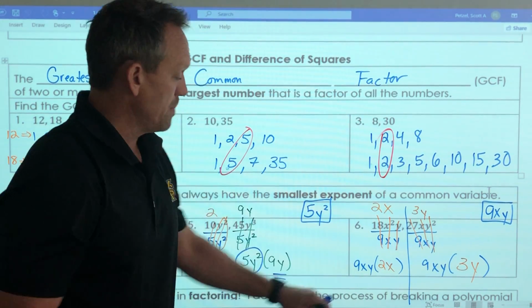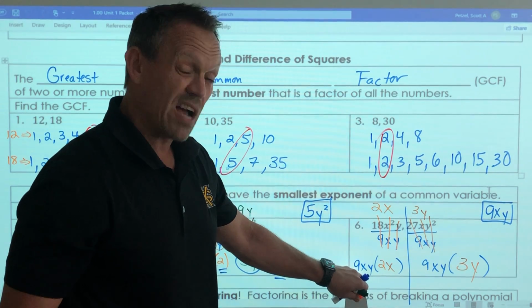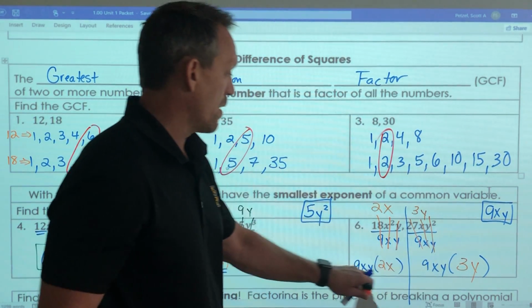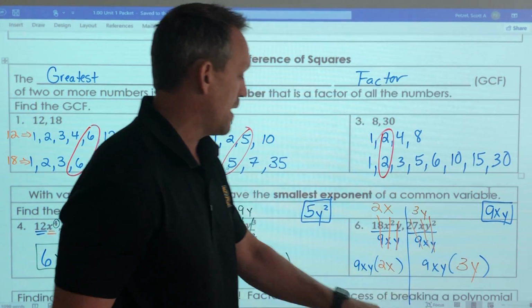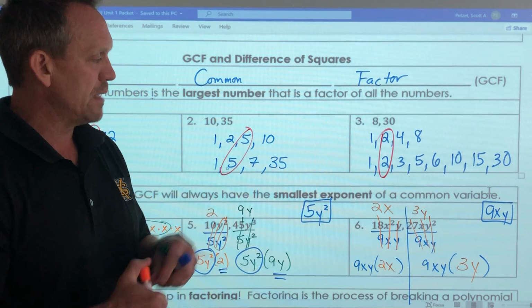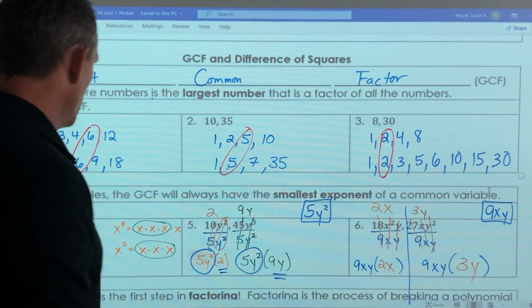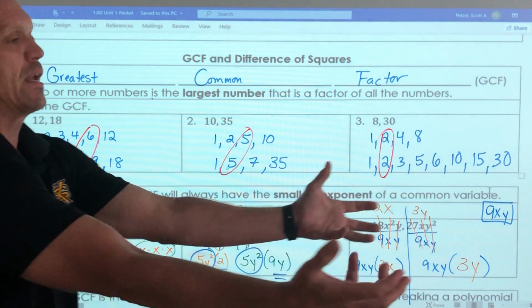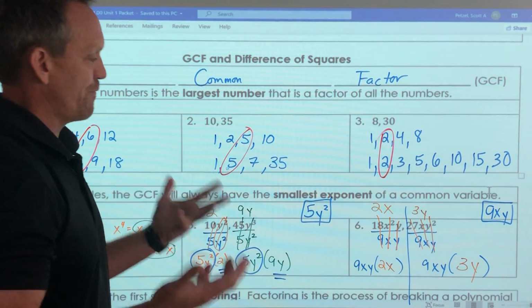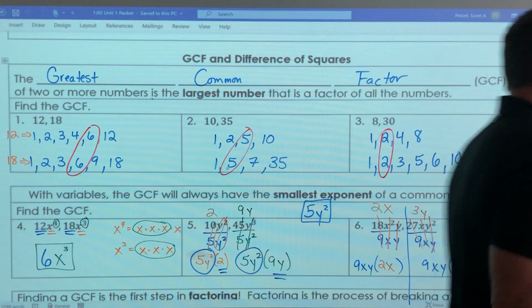So you'll see in blue, my largest thing in common is 9xy, my GCF. The 2x and 3y have nothing in common. There's no way to get to either one of those either way. So that's why we're talking about GCF. It's like, what can we take out together that we have in common? Like friends. What do you have in common with your friend?